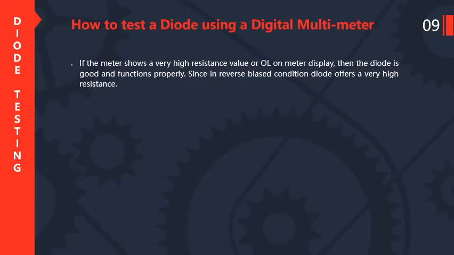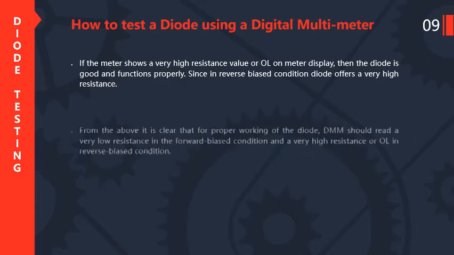If the meter shows a very high resistance value or OL on the display, then the diode is good and functions properly, since in the reverse bias condition, the diode offers a very high resistance.